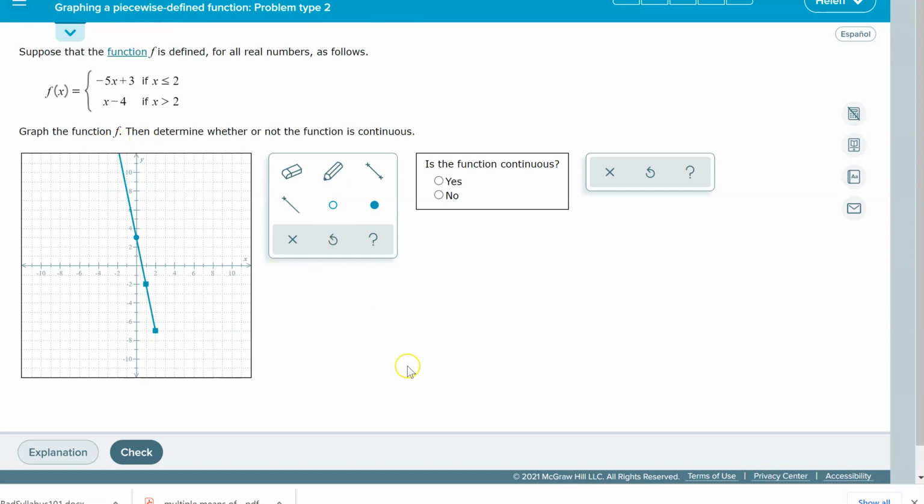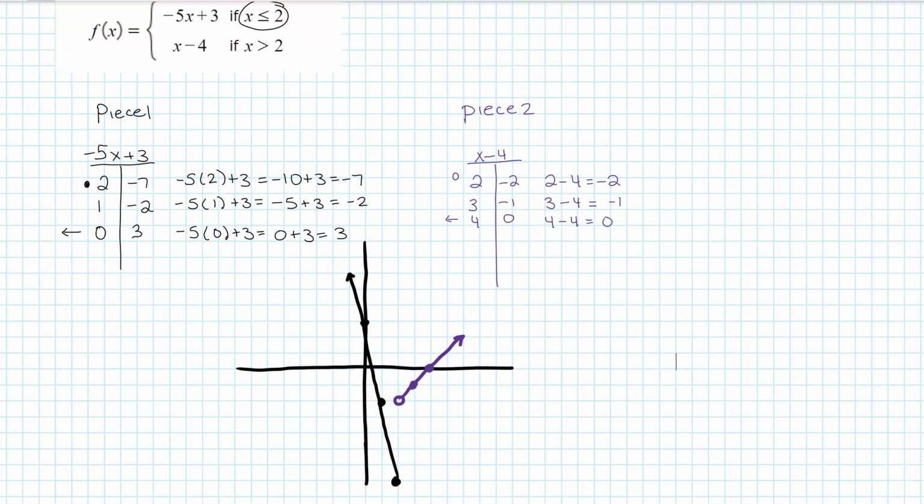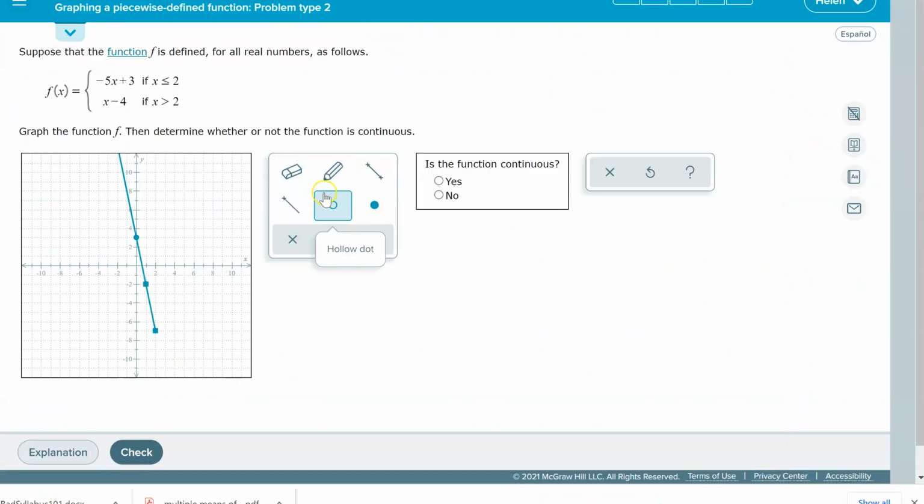And we're going to do the same thing. We're going to graph the other side. So let's get those coordinates again. We had 2, -2, 3, -1, and 4, 0. So 2, -2 was open. So I've clicked the hollow dot, 2, -2.